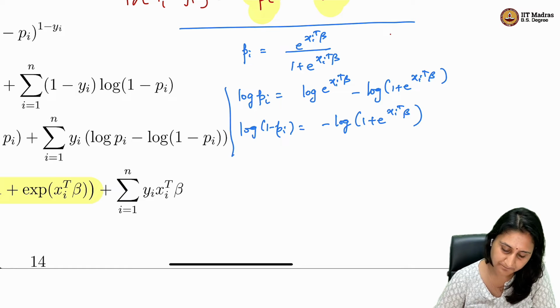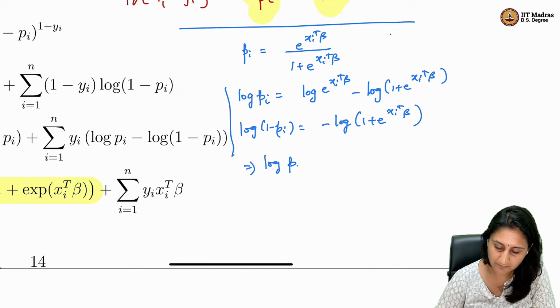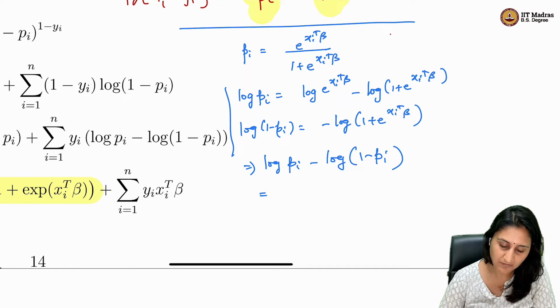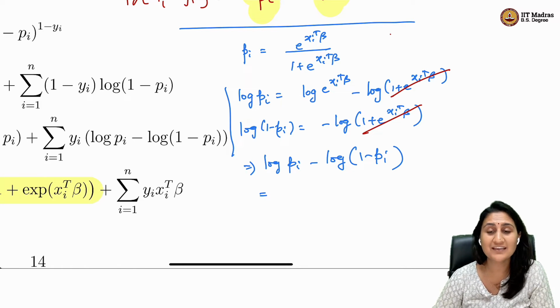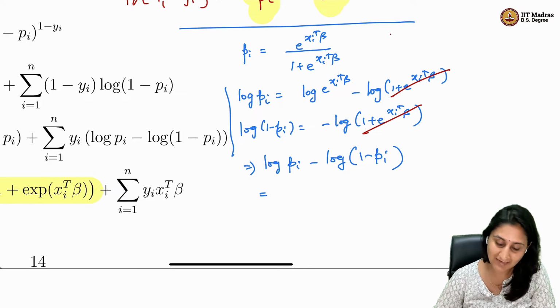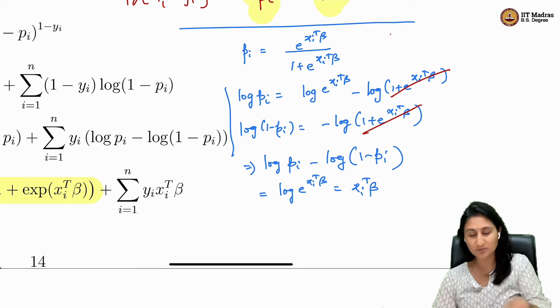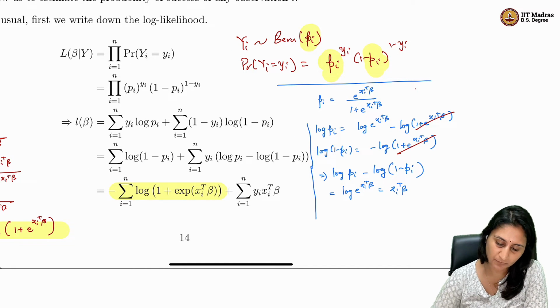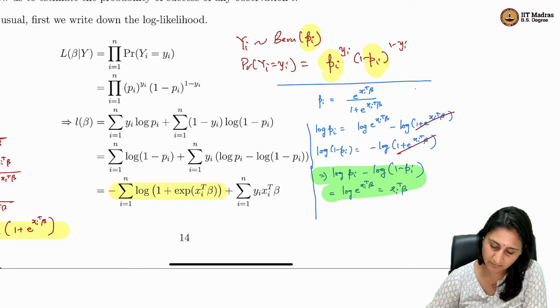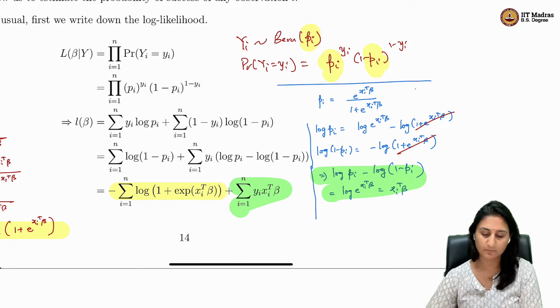Which implies that log of pi minus log of 1 minus pi is nothing but the difference of these two. So this gets cancelled and I just get this expression, log of e to the power xi transpose beta. But that is nothing but just xi transpose beta, right? Because the log is to the base e. And that's exactly what I substitute over here. So this thing over here just matches this thing, right?